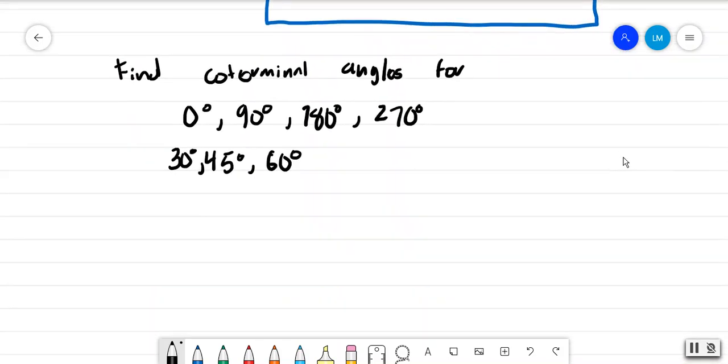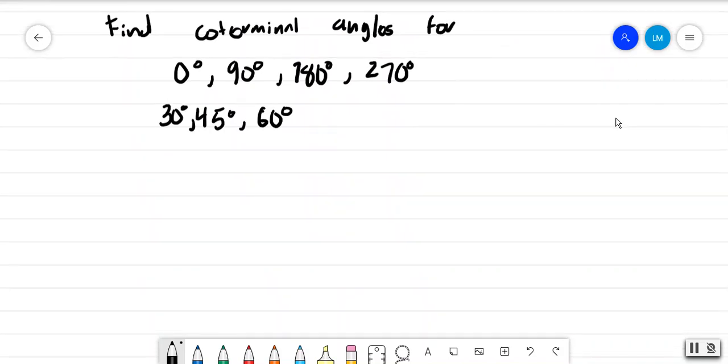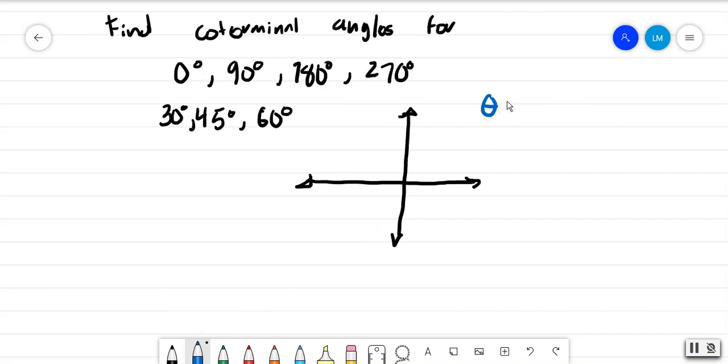So as a recap, in terms of coterminal angles, you basically know that the rotation is going to stop somewhere. If, for example, your angle measure was, let's just say, 135, in this case there's nothing to do here.